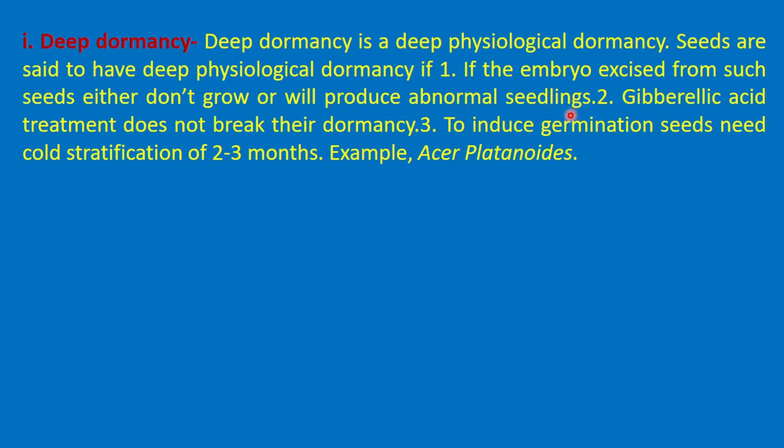So deep dormancy is deeply percolated into the embryo, and if such dormancy is present in any seeds, when you excise such embryos from the seeds, they either don't grow or if they grow, they will produce abnormal seedlings.